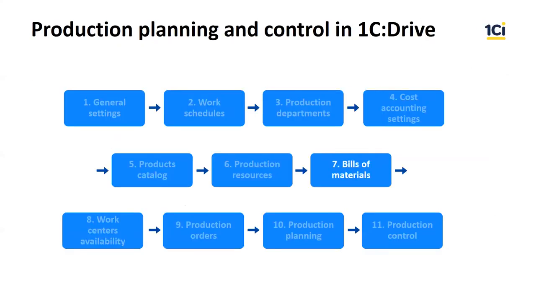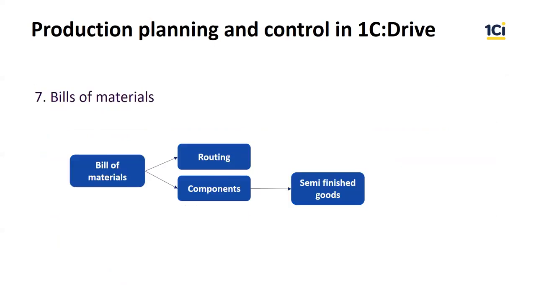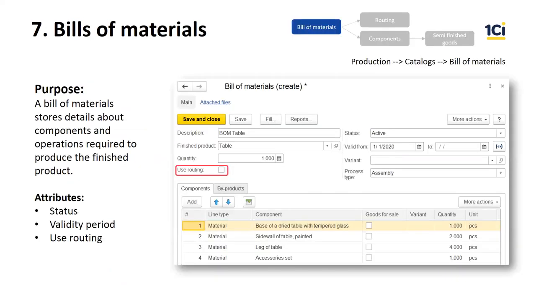Step 7, bills of material. Bills of material in OneStreetDrive is how the system differentiates between finished products, semi-finished products, and components. Here we store details about how a finished product is produced.